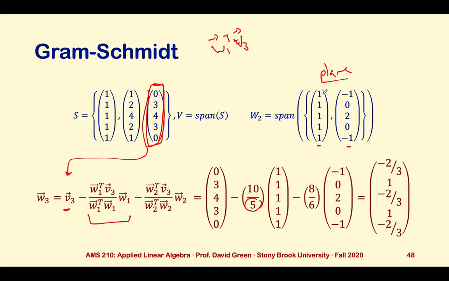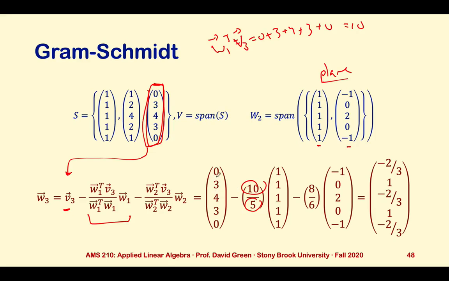We multiply corresponding entries and add them up. 0 plus 3 times 1, 4 times 1, plus 3 times 1, plus 0 times 1. 0 plus 3 plus 4 plus 3 again equals 10. So we get the same coefficient here, but by coincidence, not because it's actually computing the same thing.